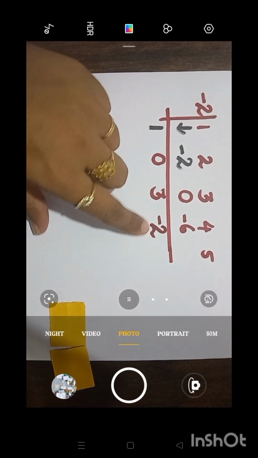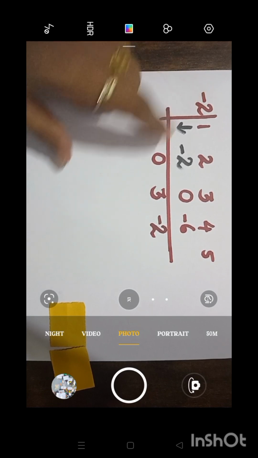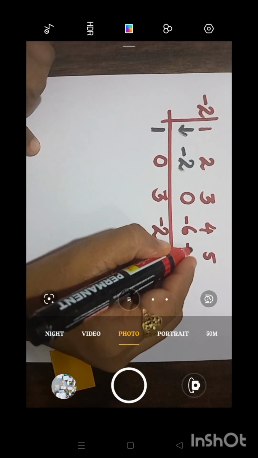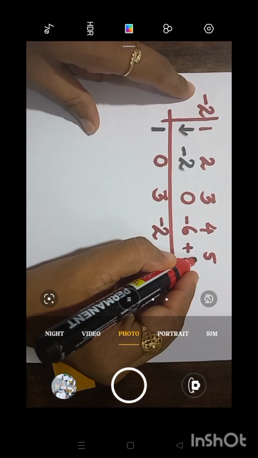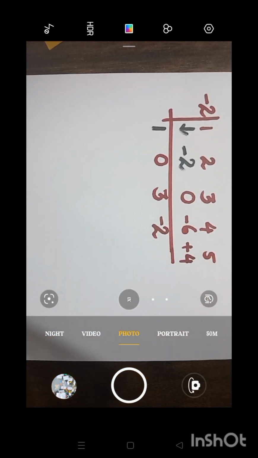Now this minus 2 you will multiply with this minus 2. First we multiply the signs. Minus times minus becomes plus, and 2 times 2 is 4. Now let's solve these two numbers again.